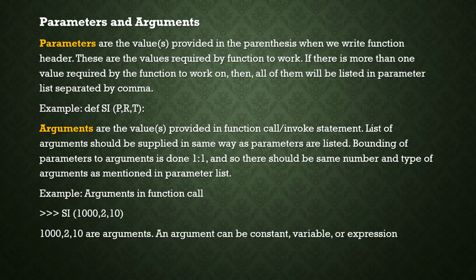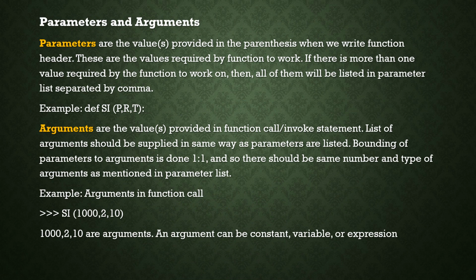Modules and user-defined functions were explained in the last class, and these functions are very important whenever you design a program. The next concept is parameters and arguments. So what do you mean by parameters? A parameter is an identifier, or we can say a value, used along with the function header.